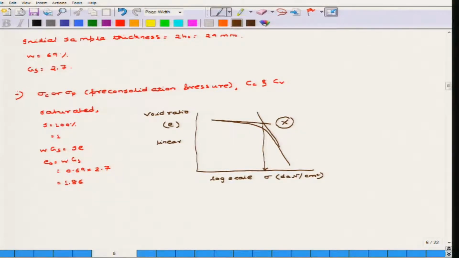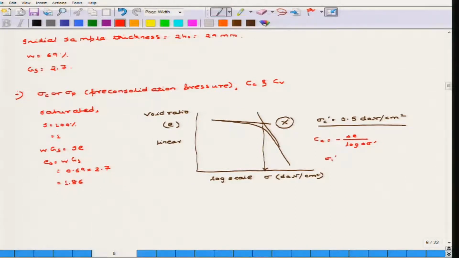If you follow the Casagrande construction, sigma C dash comes out to be 0.5 daN per centimeter square, and Cc we all know is delta e by delta log sigma dash.